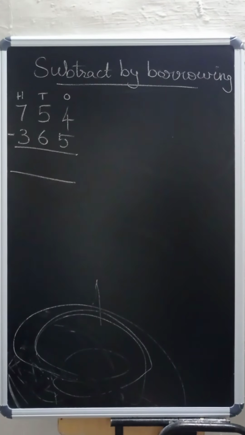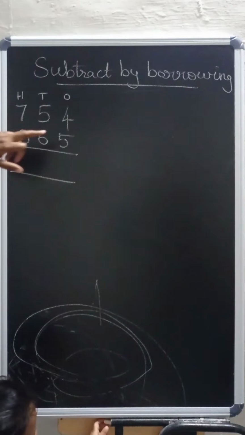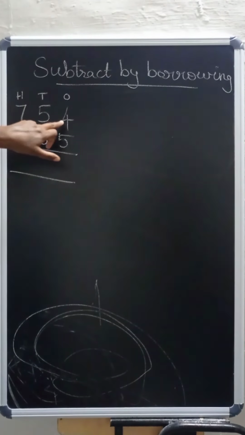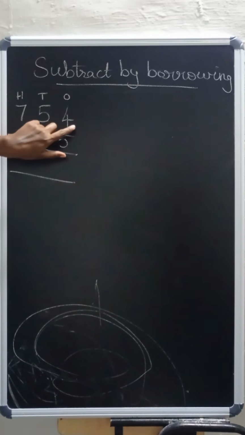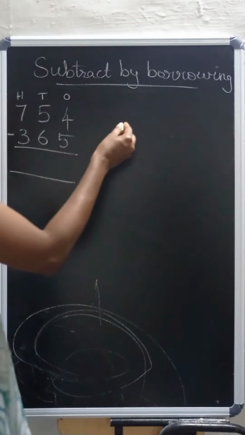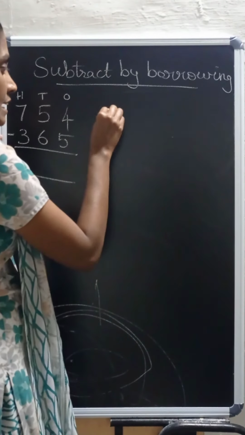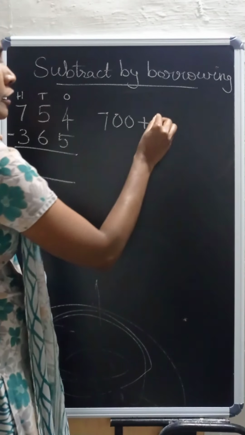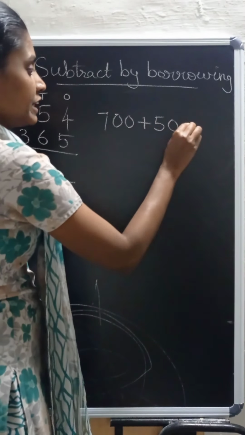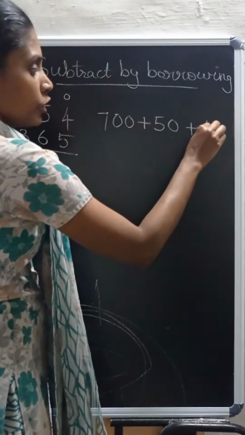Now we will do one more sum to understand subtraction. 754 minus 365. Now 4 in ones place, 5 in tens place and 7 in hundreds place. Now I am going to write this in expanded form, that is 700 plus 5 tens, so 50 plus 4 ones.